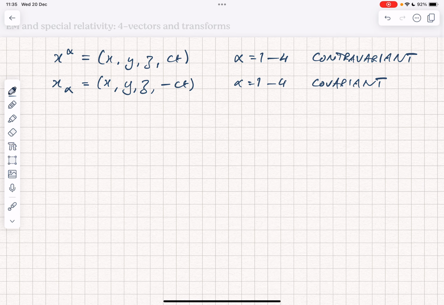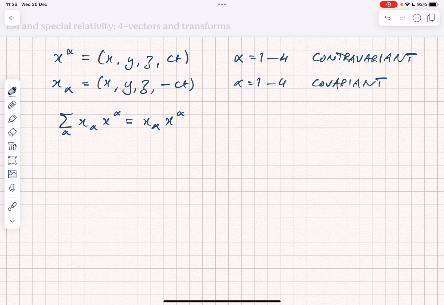And then we introduce a rule which says that when you want to make a scalar product between two four vectors, you can only do that when you have opposed indices. In other words, the scalar product is the sum over alpha of X subscript alpha X superscript alpha. So you can only do a sum when you've got one lower and one upper, one subscript, one superscript. And if we do that contraction, we often actually save time and space by omitting the sum sign.